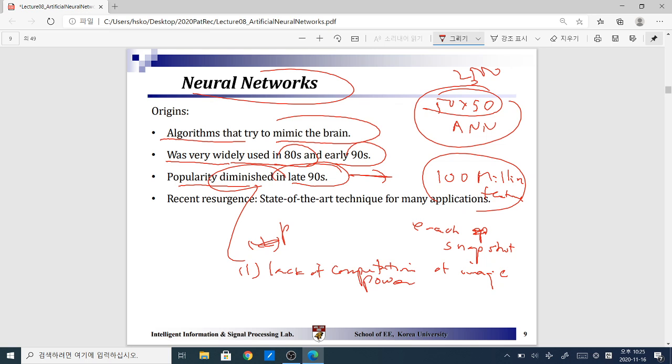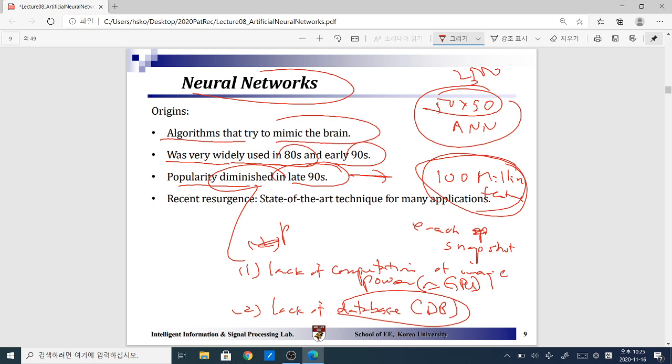Back then, we didn't have what we enjoy today, like GPU processors that accelerate image processing. And number two, the lack of a database, or simply DB, that would have the labels associated with each of these snapshots.